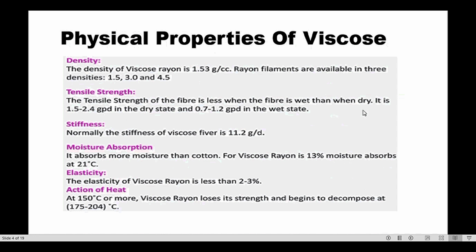The physical properties of viscose fiber. The density of viscose rayon is 1.53 gram per cc. Rayon filaments are available in different densities, 1.53 and 4.5, depending upon the end use or application of different fibers.